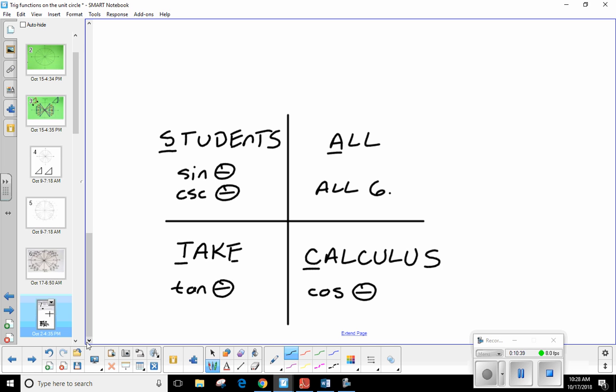What would also be positive in quadrant 3? The reciprocal of tangent, cotangent. And what's going to be right along with cosine in quadrant 4? Secant. Now also think about this. If you know where the trig functions are always going to be positive, do we know where they're going to be negative?